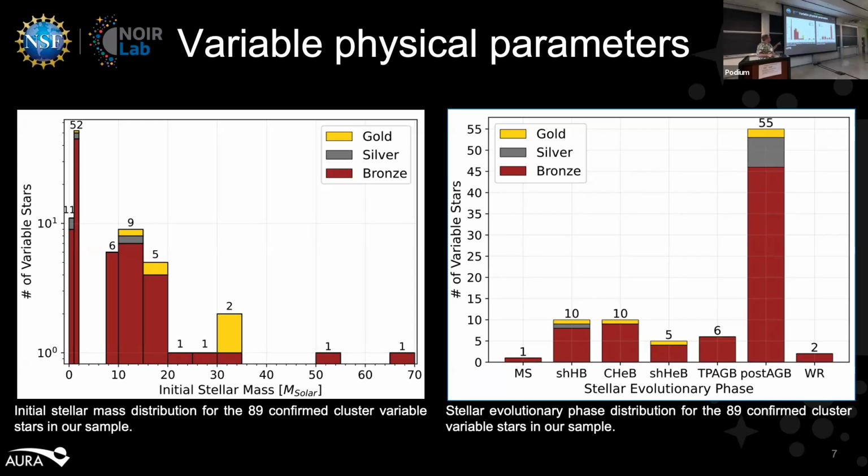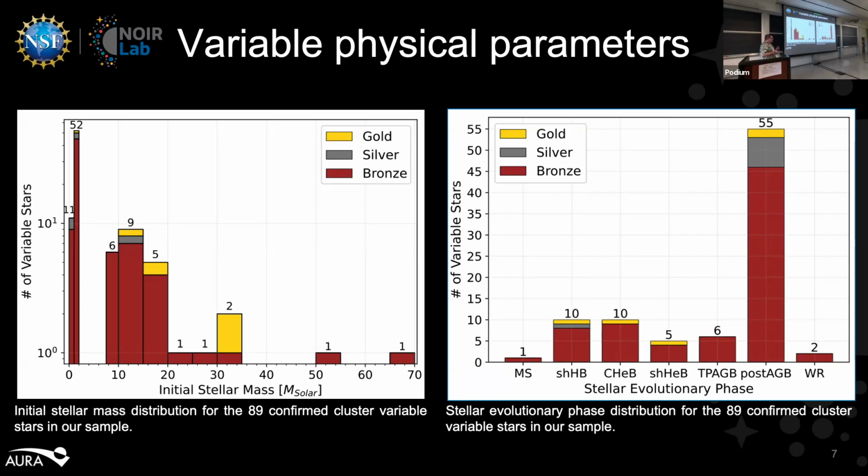But you'll notice there's a gold, silver, bronze ranking to these histograms. And that basically reflects the fact that, yes, we've got 89 variables where the light curve varies and there is a source in a different image that has changed.